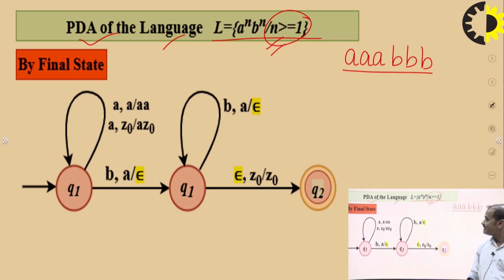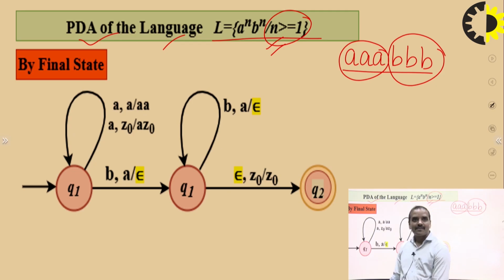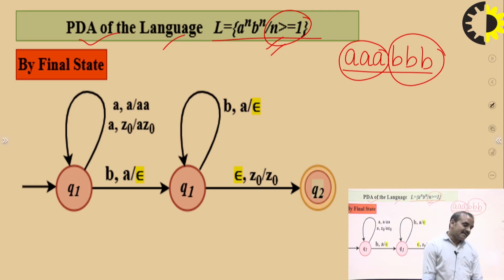But the basic condition is that the number of A's initially is equal to the number of B's at last. That is the main part of this language. That means if initially the number of A's is 4, then at last the number of B's is also 4.